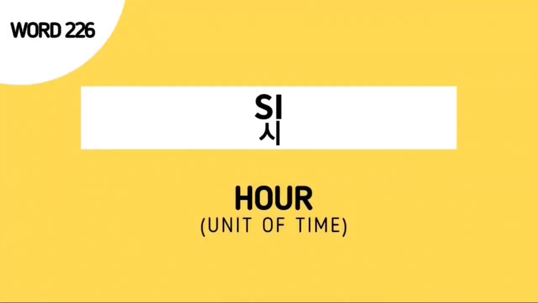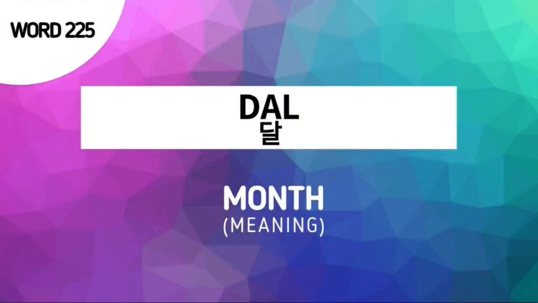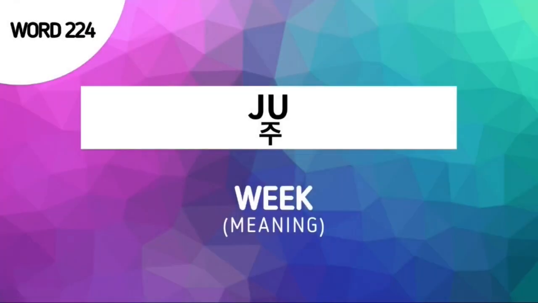Word number 226 is she, which means hour, which is a unit of time. Word number 225 is tal, which means month. Word number 224 is tu, which means week, as indicated on the calendar.